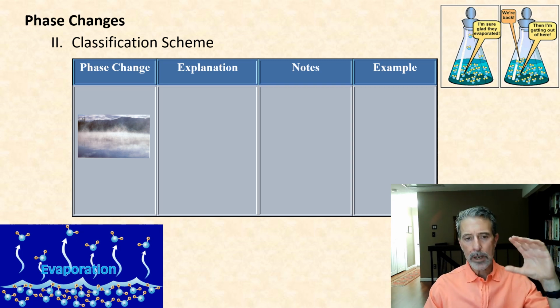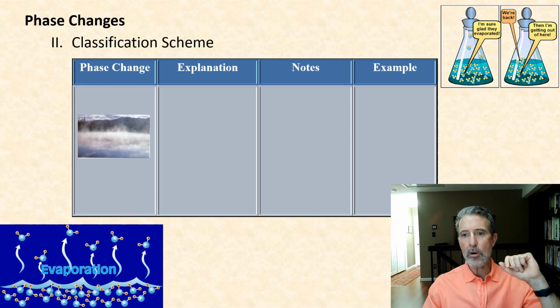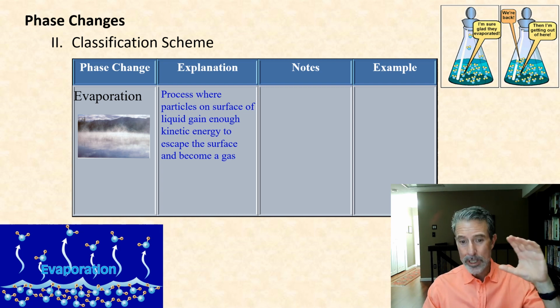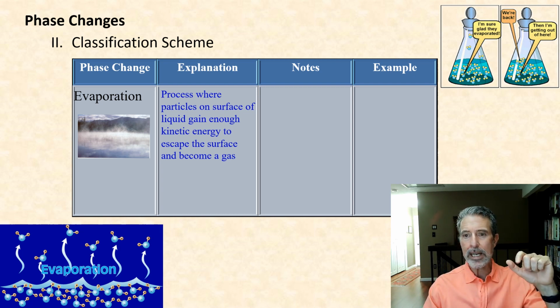We'll start by discussing a change of phase known as evaporation. Evaporation is the process whereby particles on the surface of the liquid gain enough kinetic energy to escape the surface and become a gas.